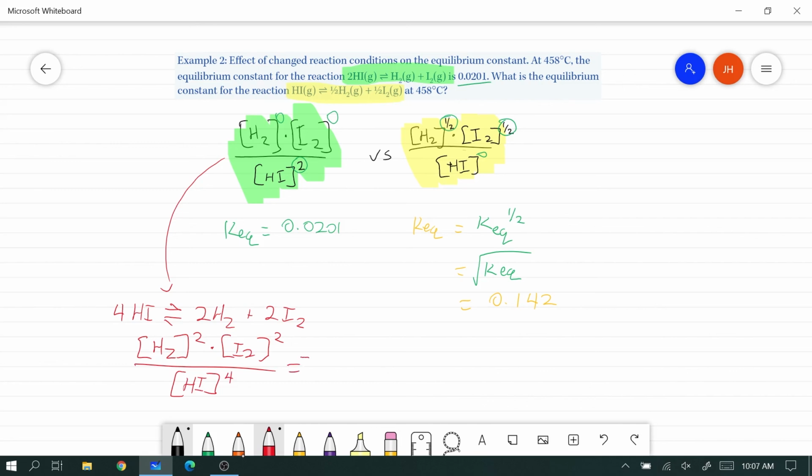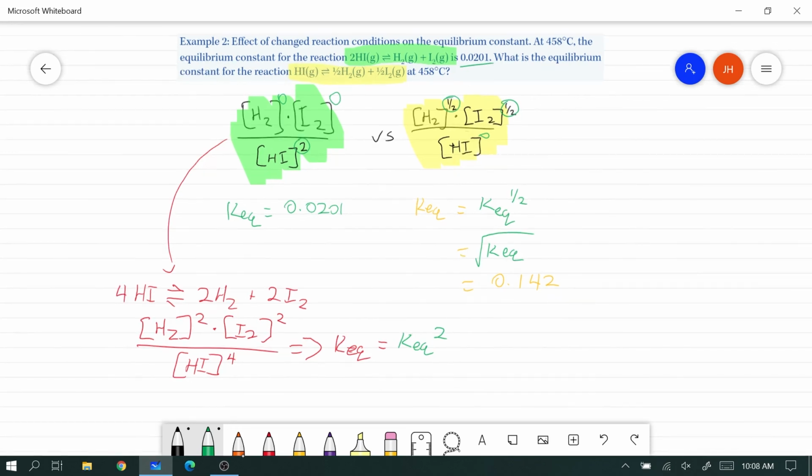And the Keq would be equal to our original Keq, but squared. And so that would be 2.01 squared, and that is 4.04.